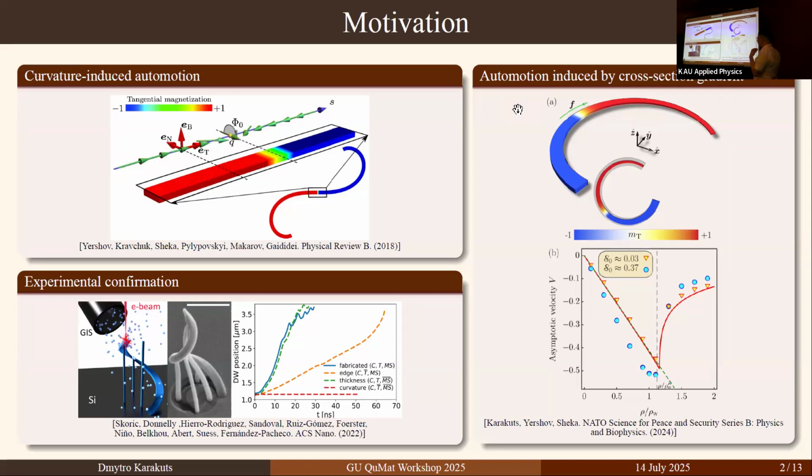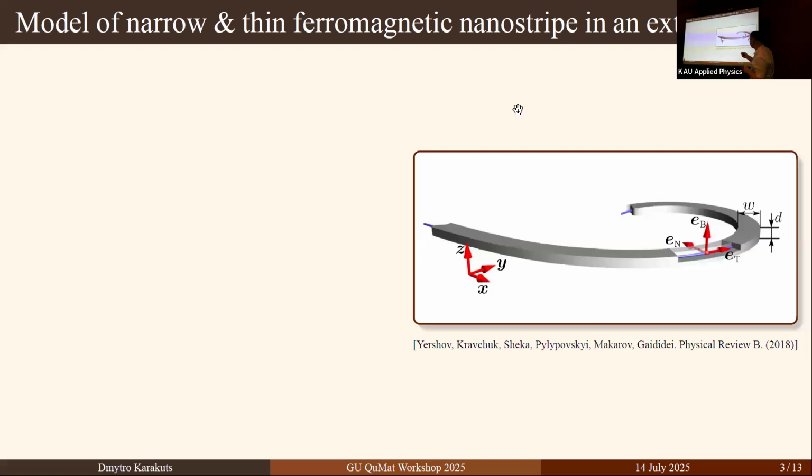However, the second part is to study how the cross-sectional gradient interacts with an external magnetic field. To explain the experimental results, we have constructed a model for a narrow and thin ferromagnetic nanostripe with a variable cross-section.